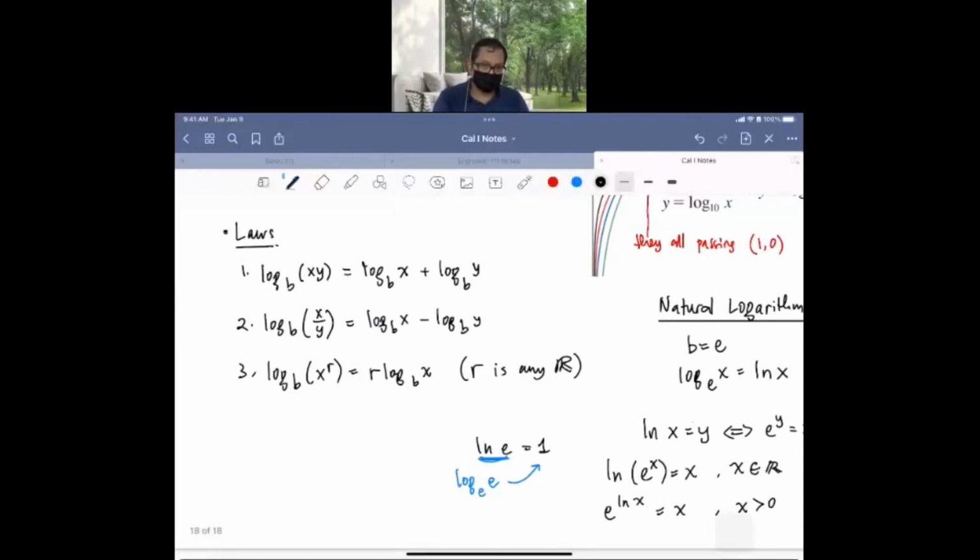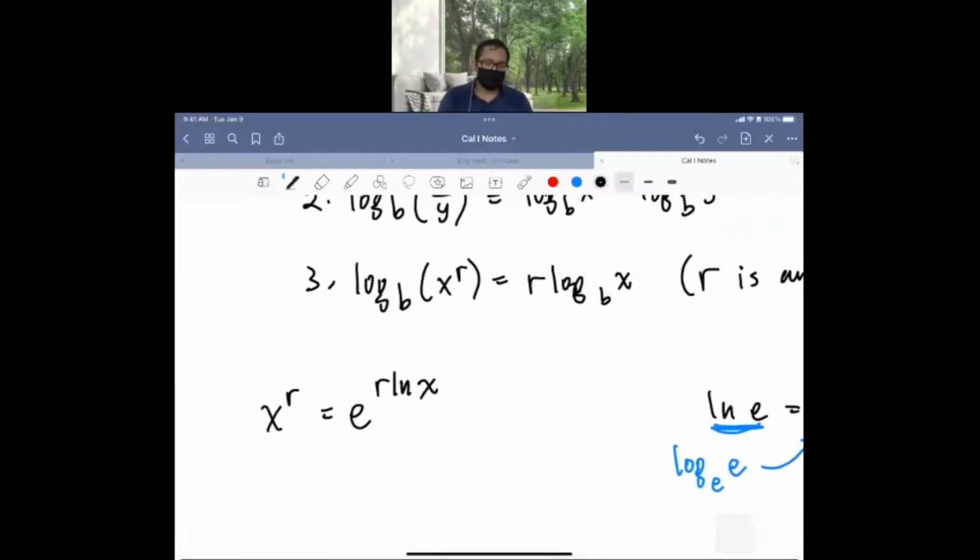Another property is x to the power of r equals e to the power of r ln x. Well, this is actually like playing a puzzle. When you get one consistent formula, you can make everything.